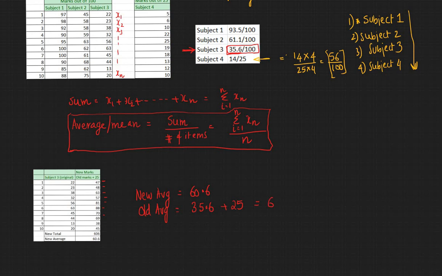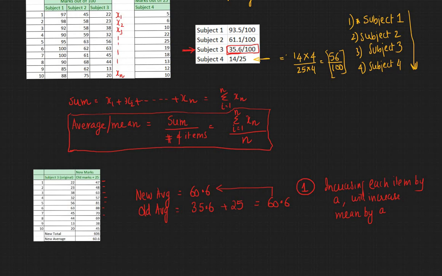So that is the first property we have. Increasing each item by, let's say, A will increase the mean by A.